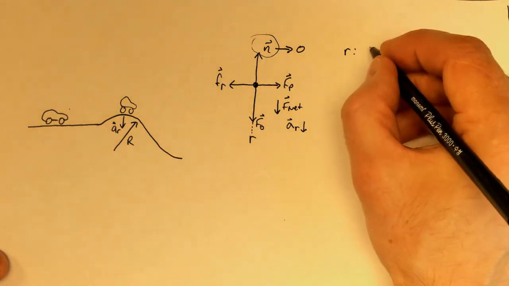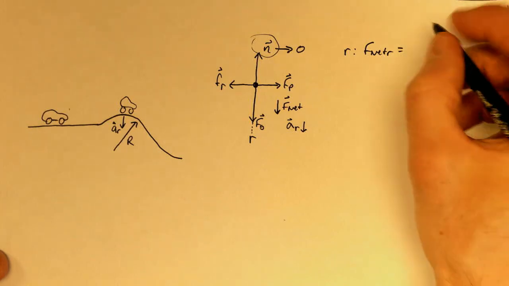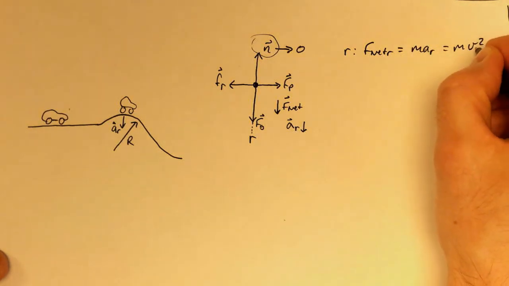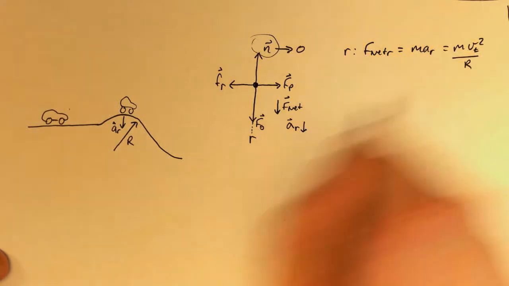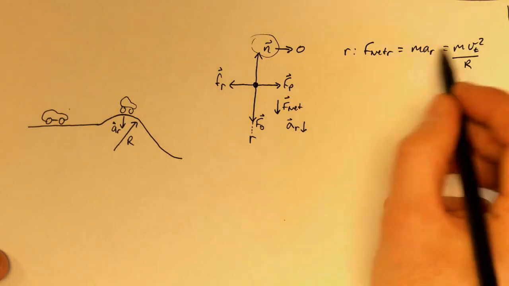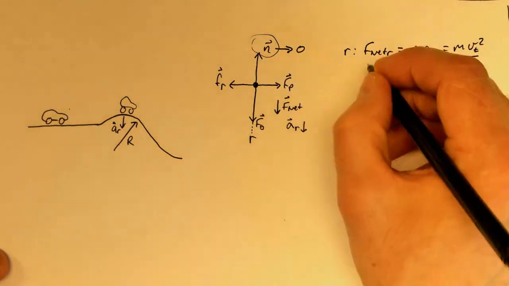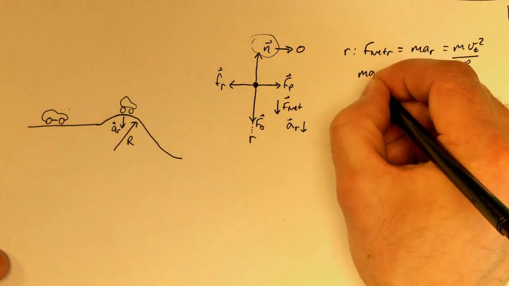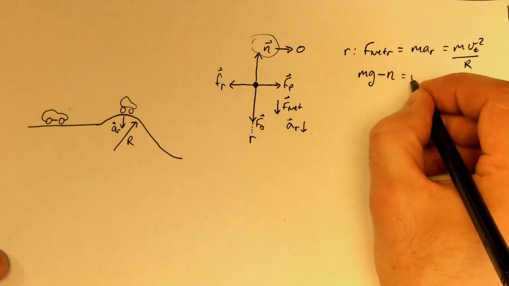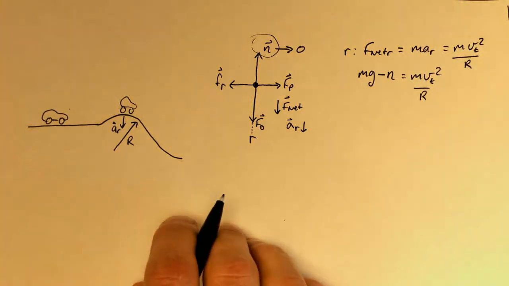Okay, so looking in the radial direction, I have F net R equals m a_R, which equals m v squared, that's the tangential speed, over the radius of the curve of the road. Okay. Now what about this side? Well, downward I've chosen to be positive, so I have mg minus this upward normal force N equals m v_t squared over r.